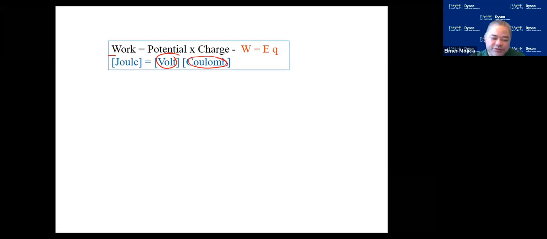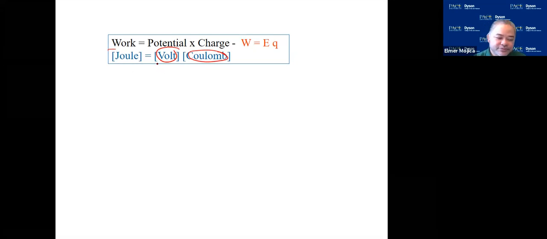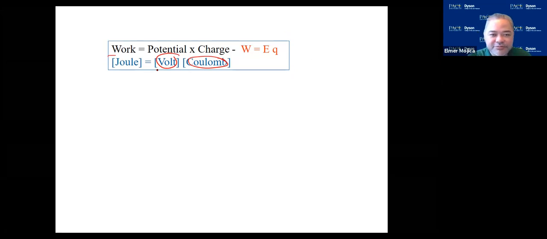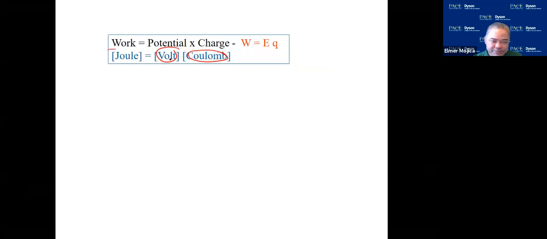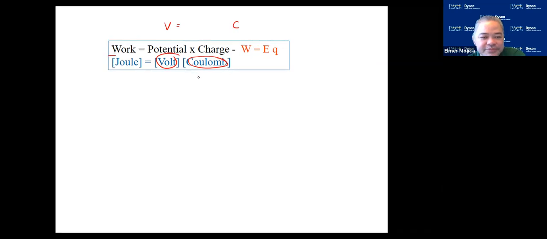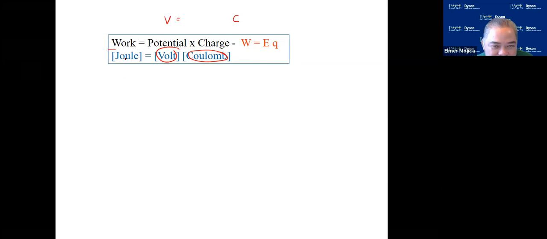How did you end up with this one? Why did you end up with joules? If you look at this, what is voltage equal to? Anyone? How did we end up with joules as the unit?